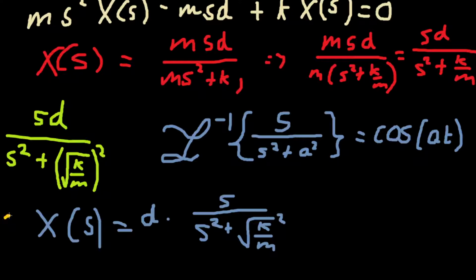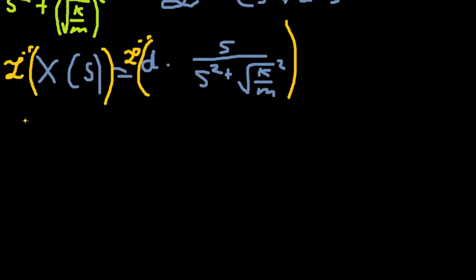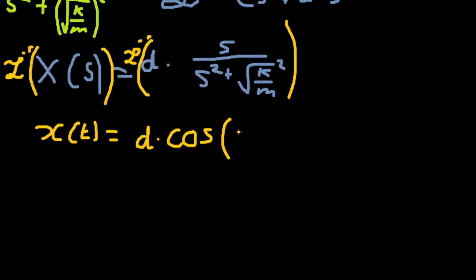If we take the inverse Laplace on both sides, we get that x of t is nothing other than d times the cosine of the square root of k over m, all multiplied by t.